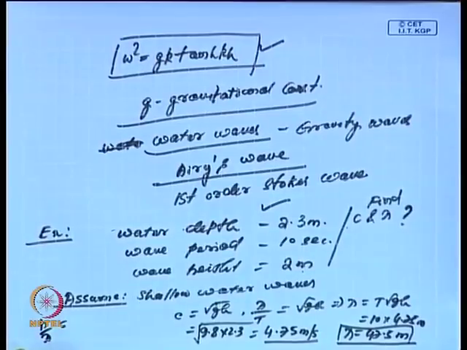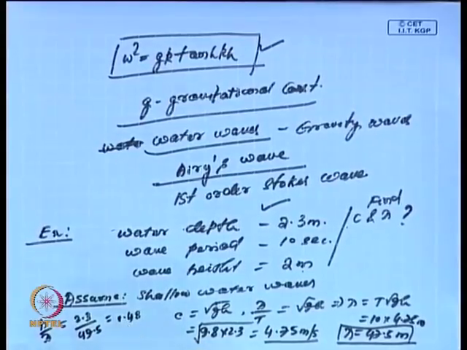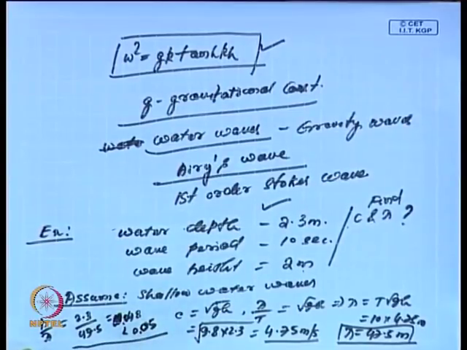My h is 2.3 meter and lambda is 47.5 meter, and this will become 0.048, which is less than 0.05, that means 1 by 20.